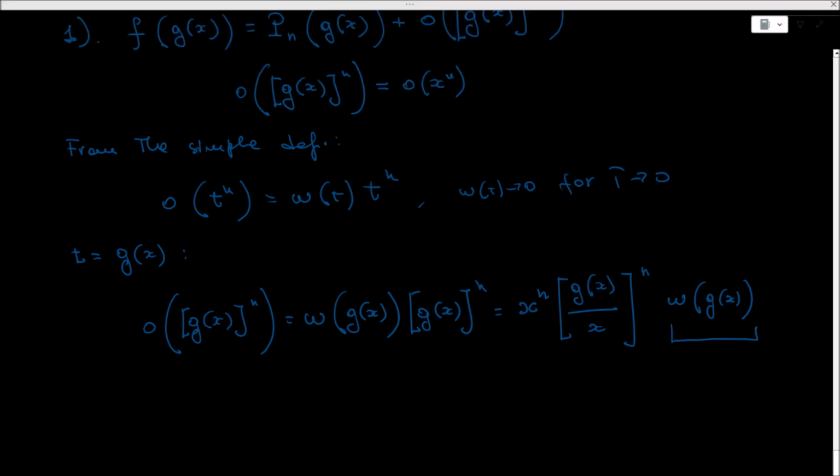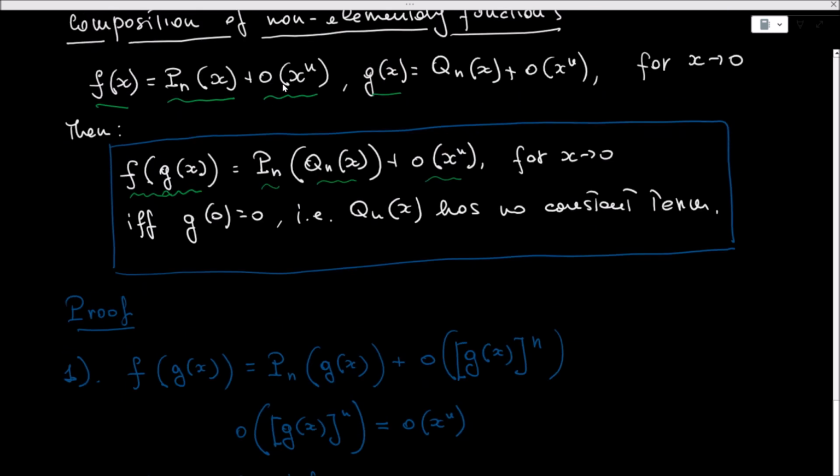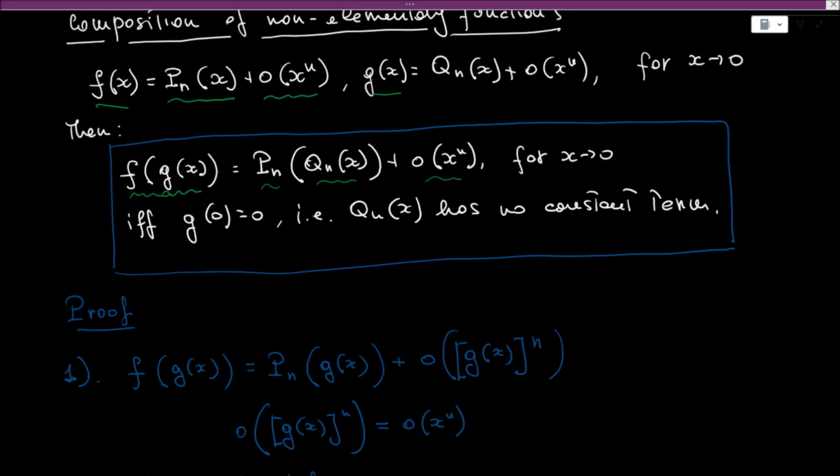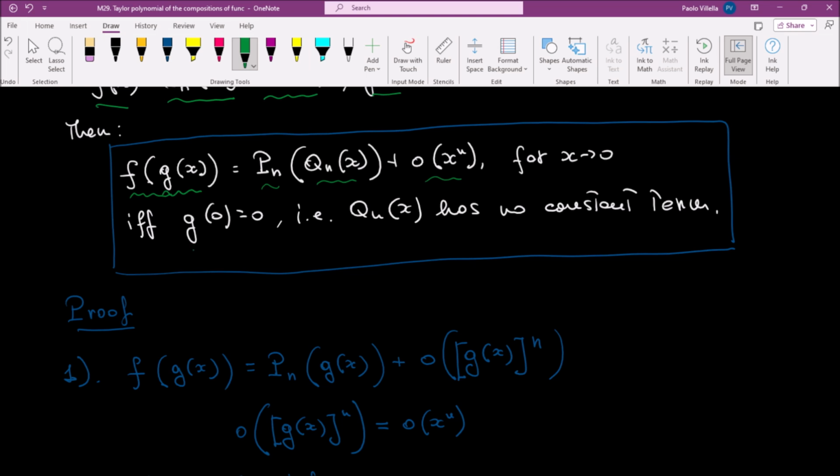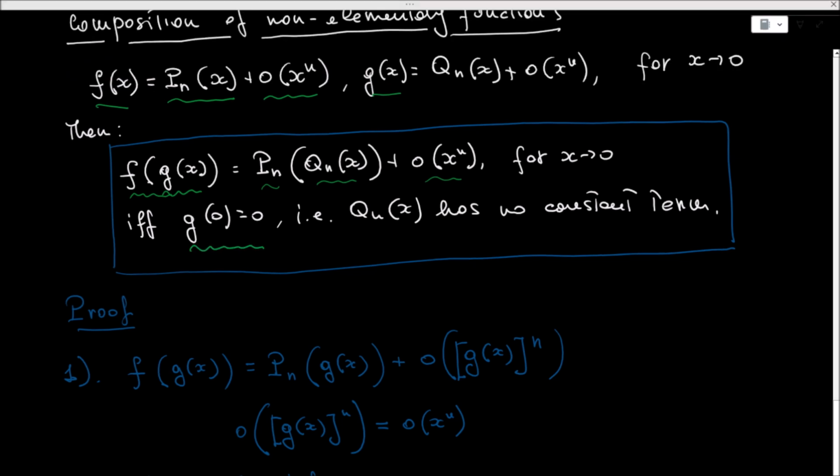Now notice that this omega of g of x tends to 0, because we know that g of x tends to 0 when x goes to 0, and this is the meaning of the first condition: when x goes to 0, g goes to 0.